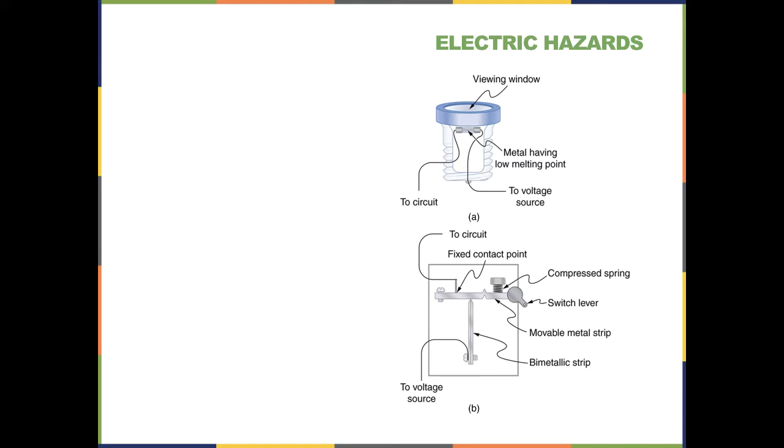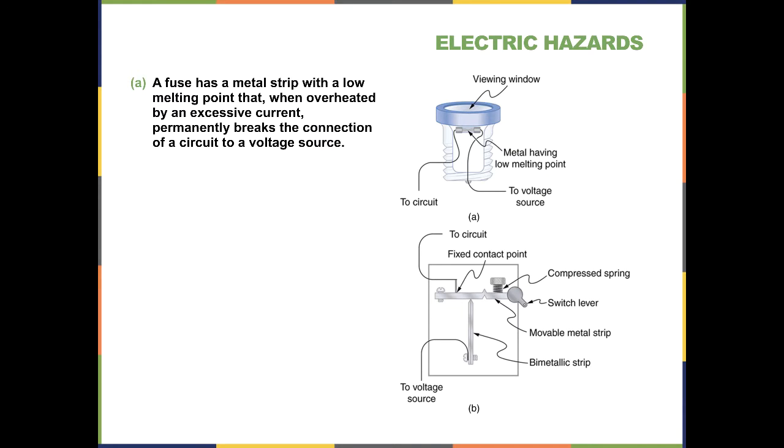So here's a device that's used to prevent this from happening. It's called a fuse. A fuse has a metal strip with a low melting point, so that if excessive heat occurs because of a short circuit or because of excessive current, then it breaks the connection and the flow stops.